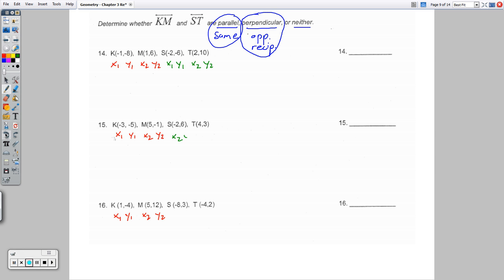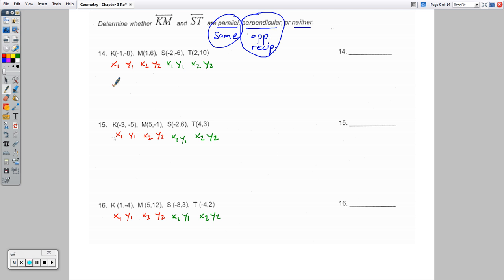Oops, I didn't want to use 2's yet down there. Okay, so back to red.